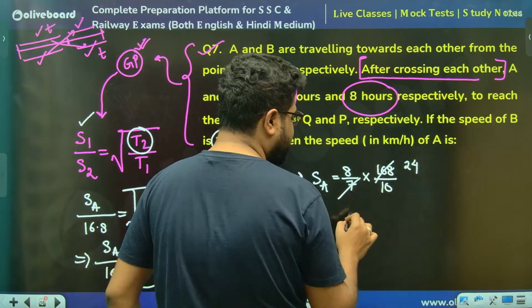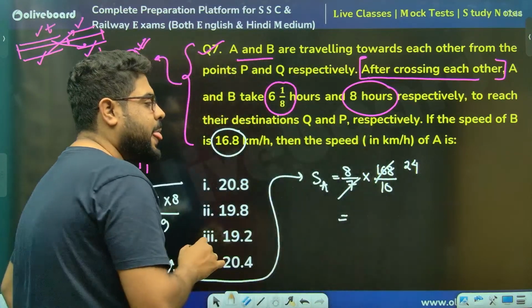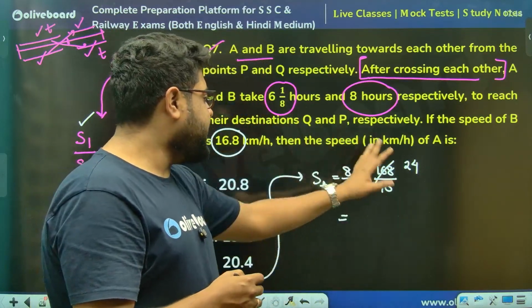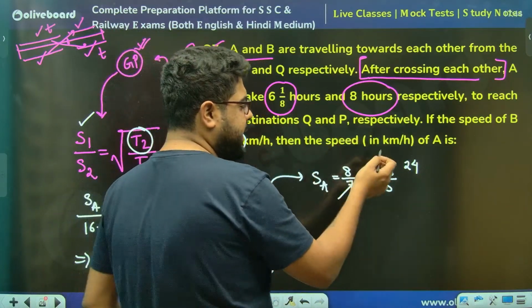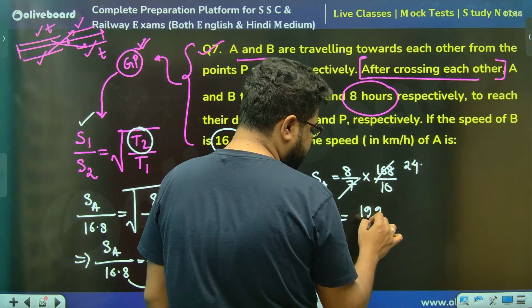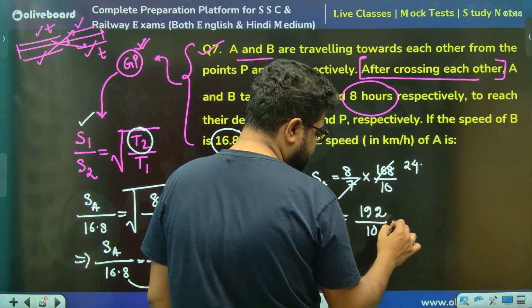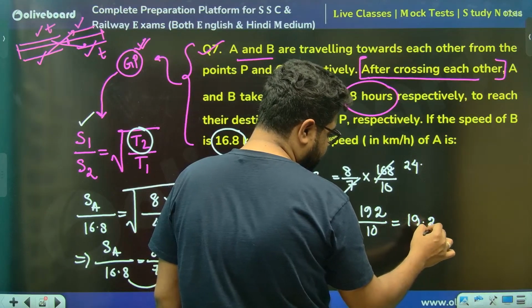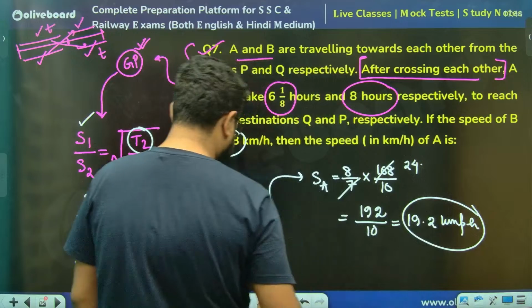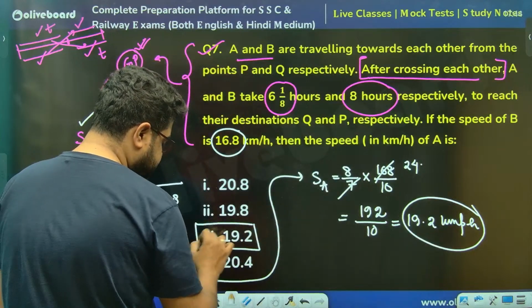Keep it like this for now, do not do anything. So 24 into 8, you can do it normally as well, in many ways, 12 into 16 also. Whatever you do, this is 192 by 10, that is 19.2 kilometers per hour. That's your answer. Option number 3, sir.